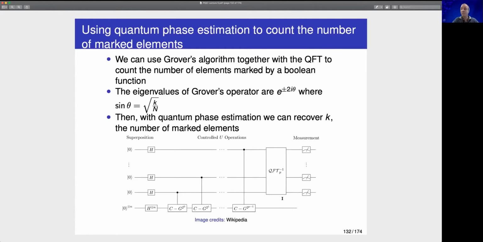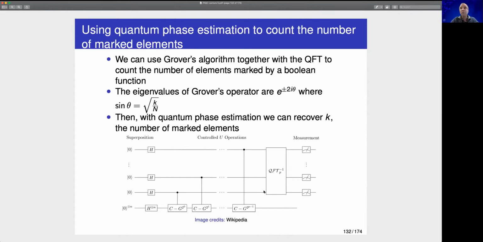For instance, remember that in Grover's algorithm, one of the key steps in the application of the method was to decide the number of iterations that we want to do. And this depends on the number of marked elements, on the number of elements that satisfy the condition that we are interested in. And this is something that in general we do not know.